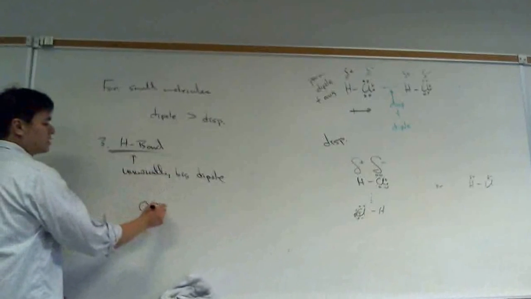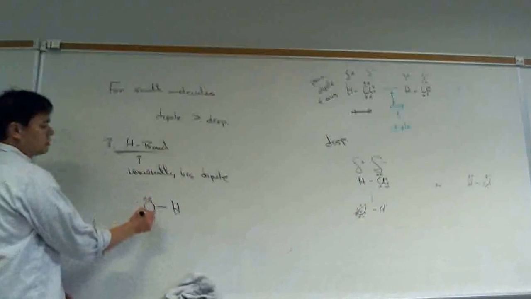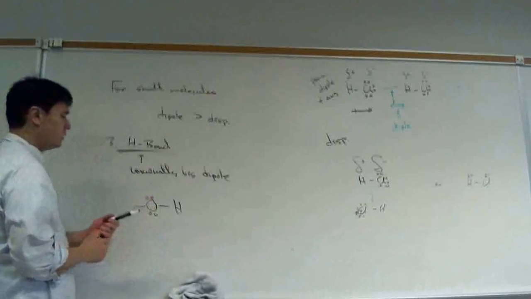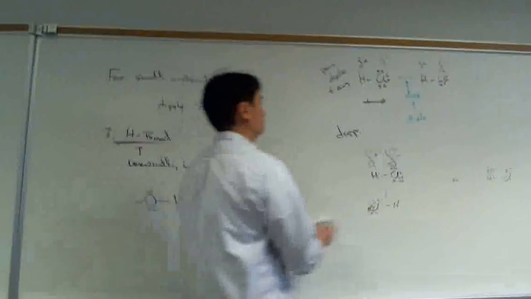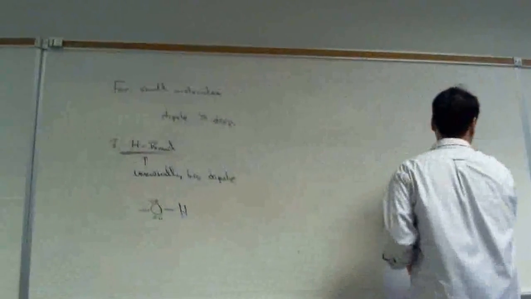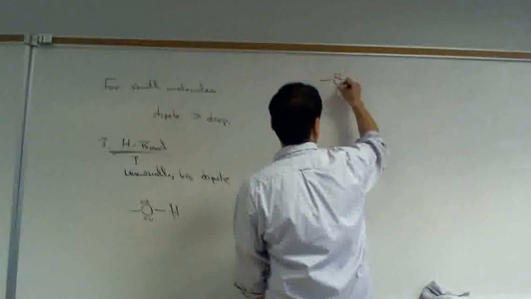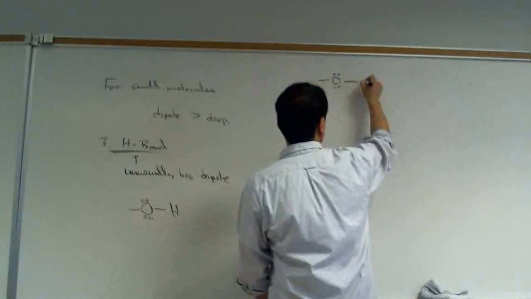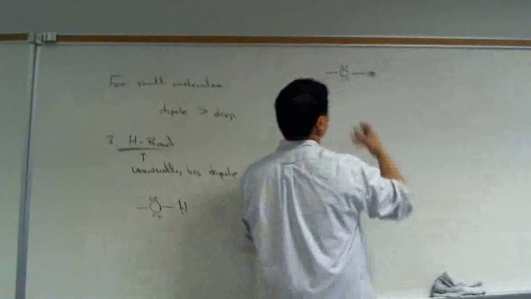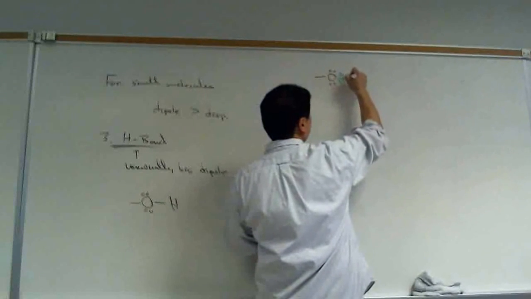So, unusually big dipole. When we have oxygen bonded to a hydrogen, then oxygen is quite a bit more electronegative. And so when we look at the electron cloud here, the electron cloud is highly polarized towards oxygen.